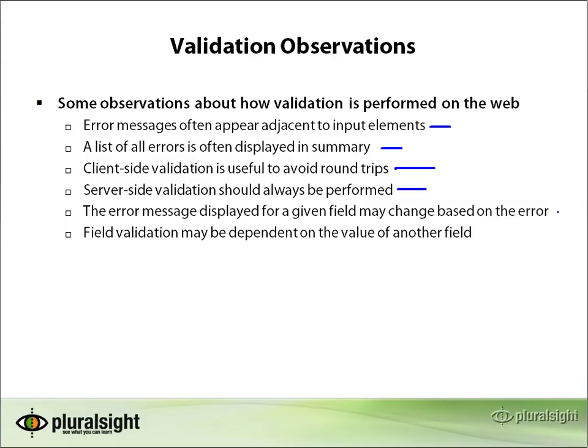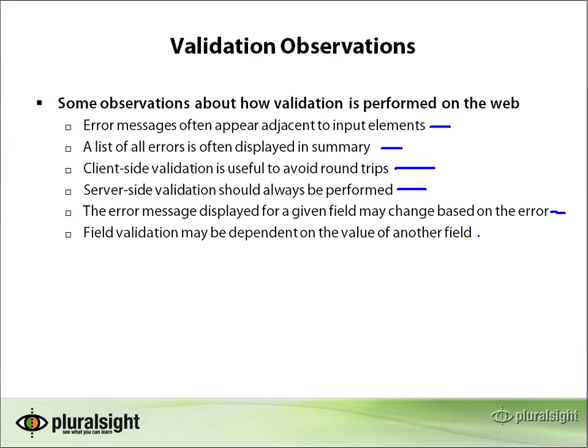Error messages for a given field, I'm not sure we actually encounter this, but it's an important one to think about. Imagine the user not typing in an email field, and then you should get a certain message, please enter an email. And then if he types one in, but it's the wrong format, you might want to change the message. So it might be nice to have a way of displaying a different error message for a given field depending on what the actual error is.